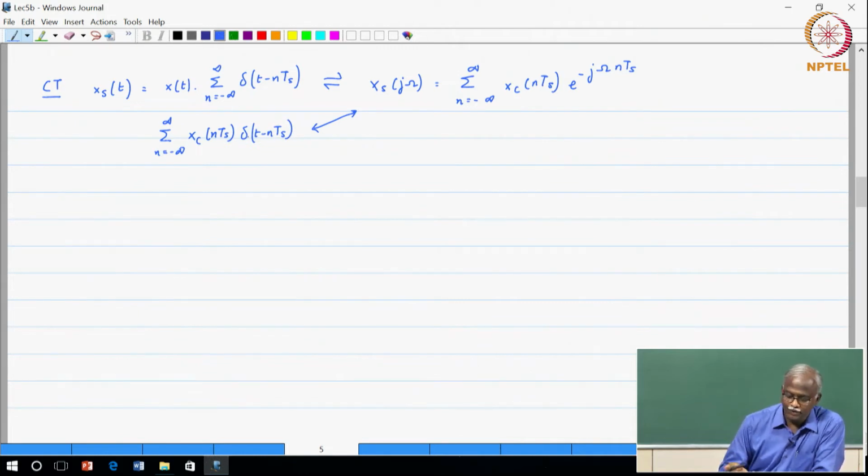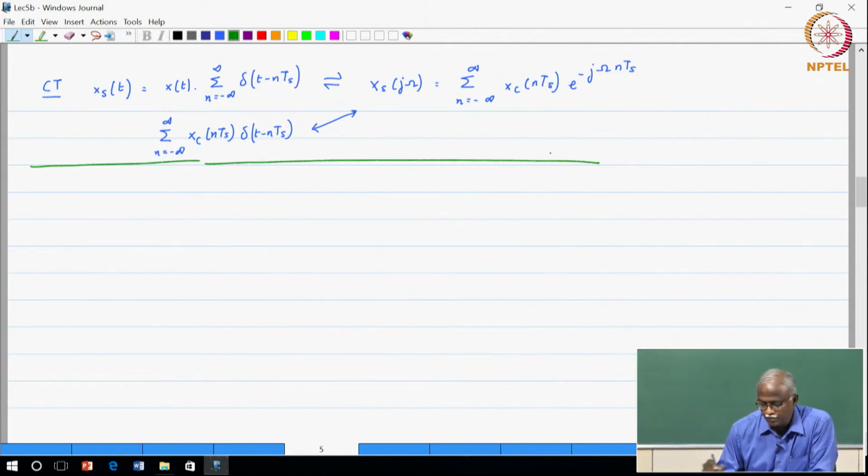And then if I want to take the Fourier transform, I have to take the integral of xs of t, and then the integral, because of the property of the delta function, gives you the expression on the right hand side. Okay, so that is one piece of information.